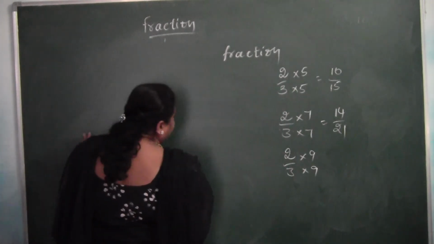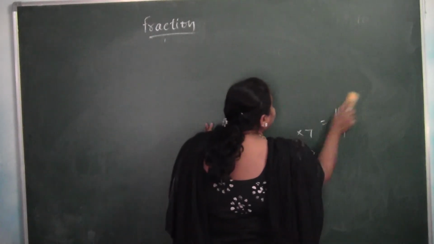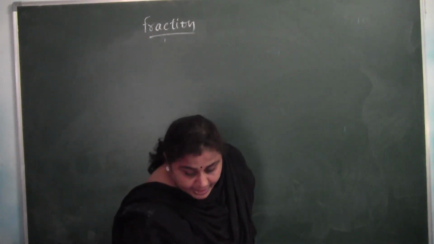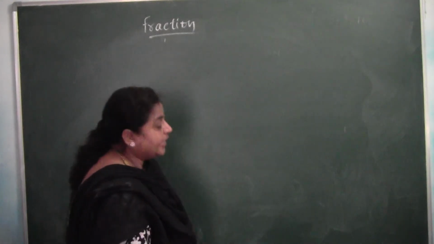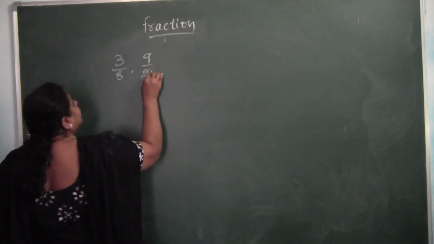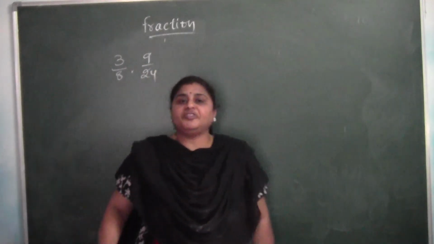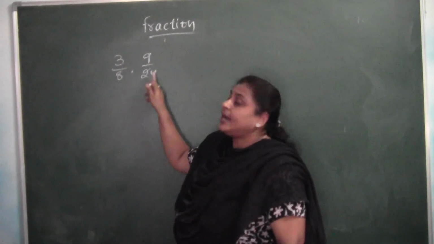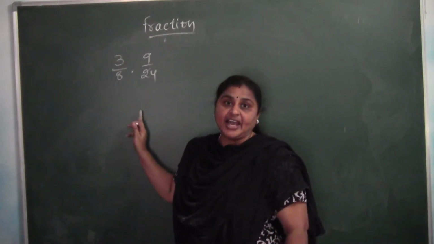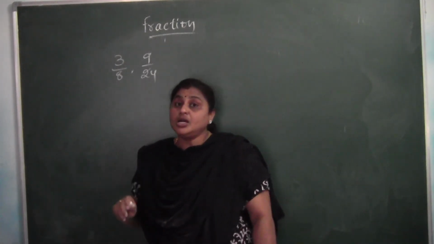Next, how to check whether two given fractions are equivalent or not. Let us take one problem of your exercise. Now 3 by 8, 9 by 24. We have two fractions here, 3 by 8 and 9 by 24, and we need to check whether they are equivalent or not.